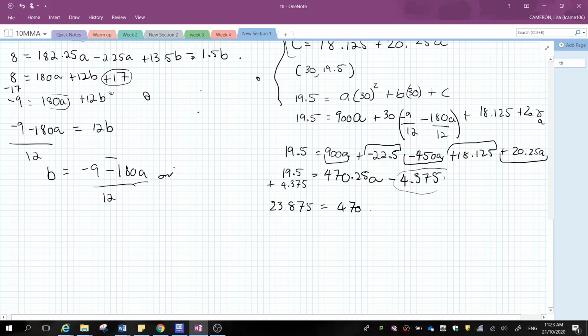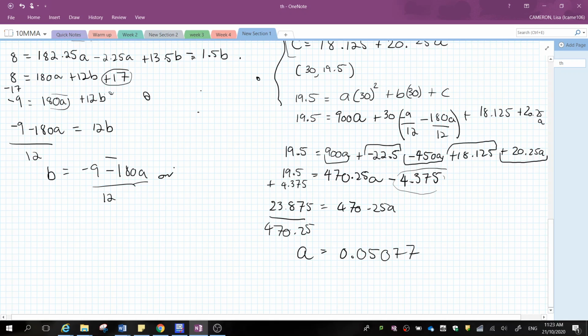It's equal to 470.25a, and you're going to divide this side by 470.25 to get this away. So now I've got A is equal to, pop that in the calculator. Now, when I put that in Desmos, I would leave it like that so that I have a nice exact number. Because when I put this in the calculator, it's not going to like it. Oh, my A value is going to be 0.0507. And I'll leave it there.